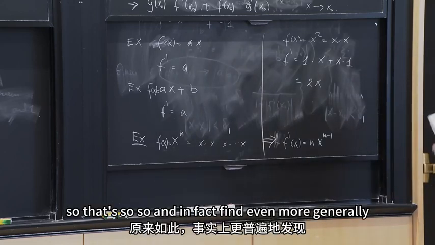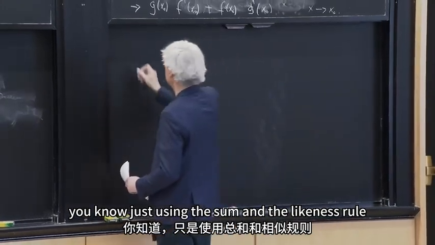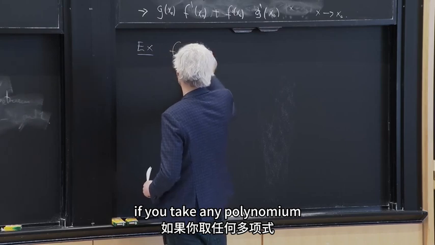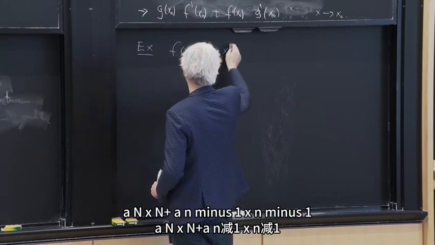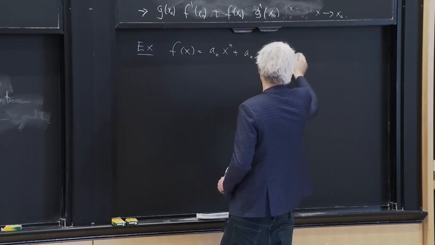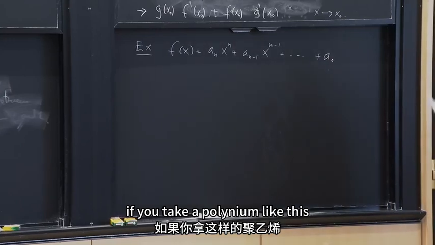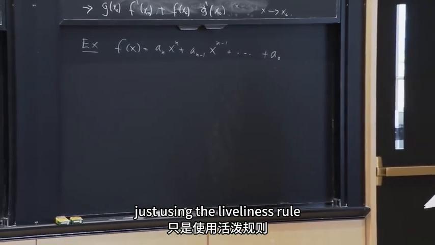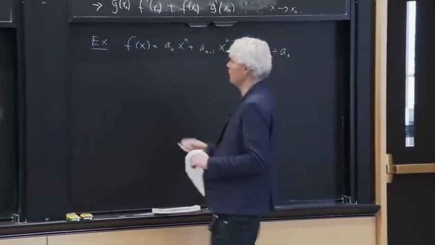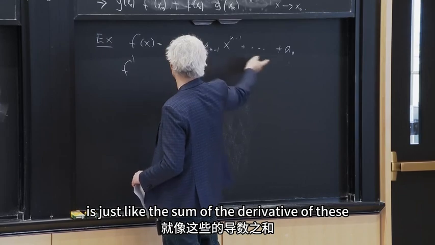And in fact, even more generally, just using the sum and the Leibniz rule, if you take any polynomial, a_n x^n plus a_(n-1) x^(n-1) down to the last thing being a constant. If you take a polynomial like this, just using the Leibniz rule and the sum rule repeatedly, we know that this here is differentiable, and the derivative is just the sum of the derivatives of these.